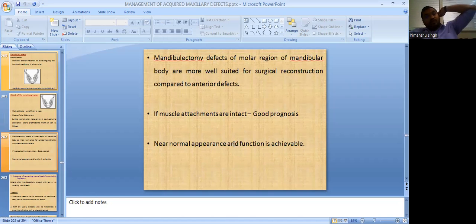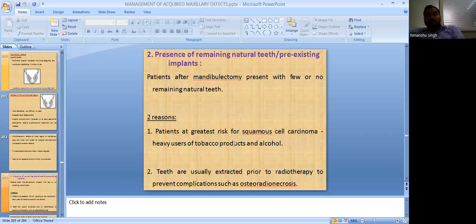Mandibulectomy defects of molar region of mandibular body are more well suited for surgical reconstruction compared to anterior defects. If muscle attachments are intact, there is a good prognosis and near normal appearance and function is achievable. Presence of remaining natural teeth, pre-existing implants.